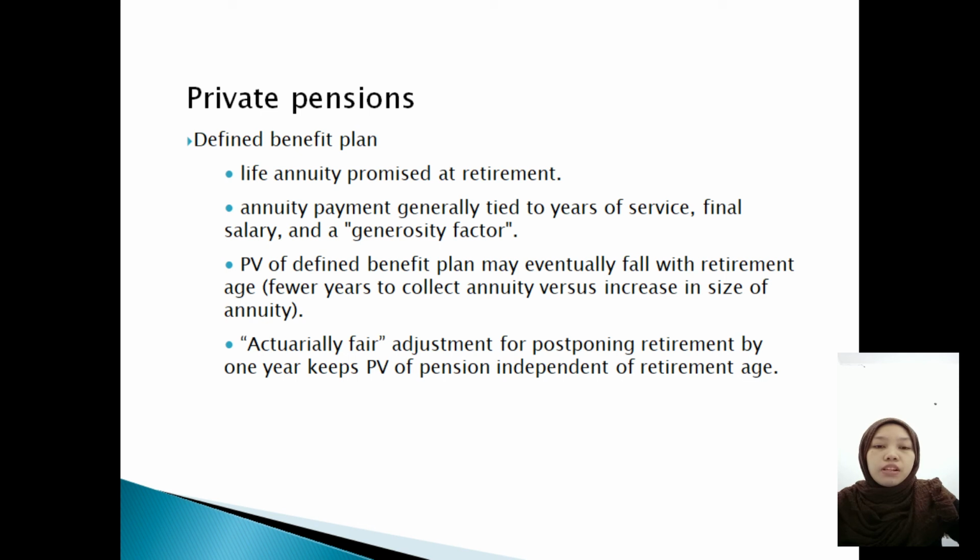The present value of a defined benefit plan may eventually fall with retirement age, for example, failure to collect an annuity versus an increase in the size of the annuity. An actuarially fair adjustment for postponing retirement by 1 year gives a present value of pension independent of retirement age.